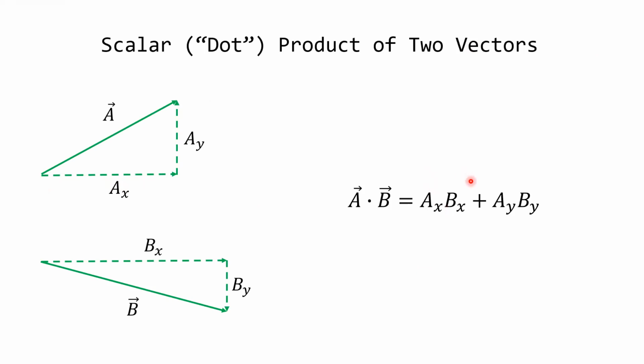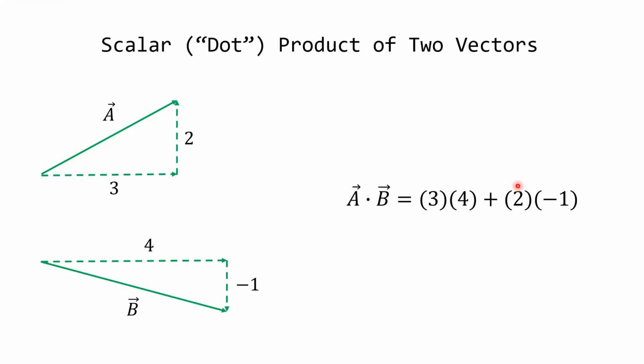You just take the x components of the two vectors, multiply those together, then you take the y components, multiply those together, and add those two terms up. That's it. X components multiplied, y components multiplied, added up. For example, if my vector A had an x component of 3, so go 3 to the right, 2 up, then the x component would be 3, the y component would be 2 for vector A, and for vector B, the x component would be 4, and the y component would be -1.